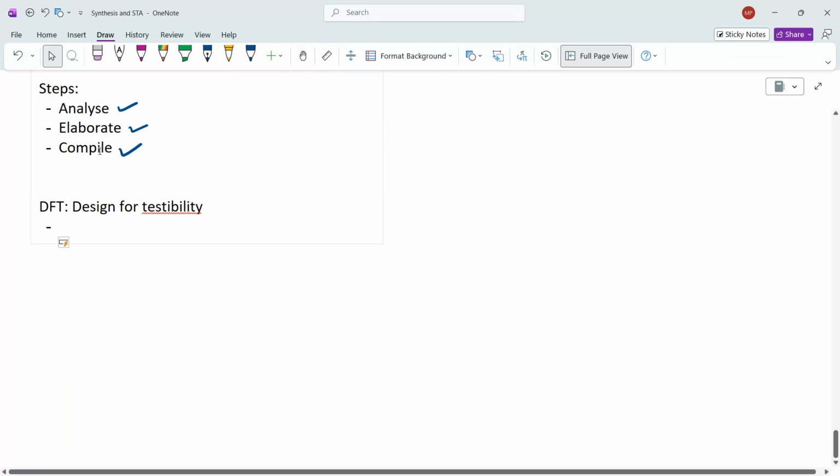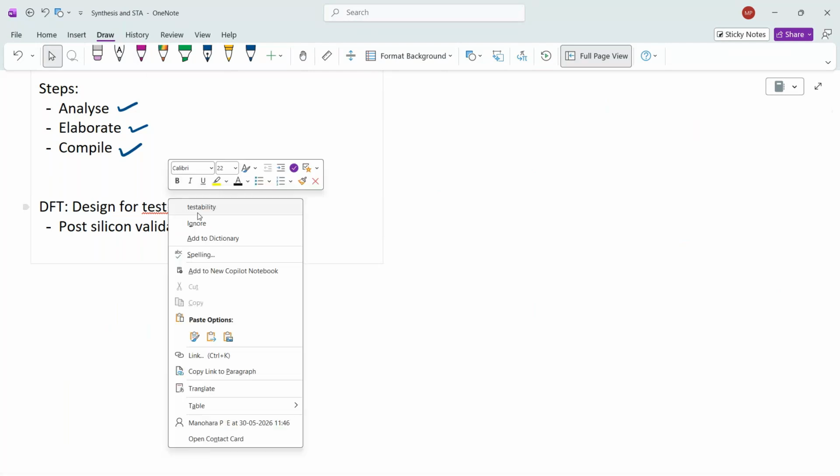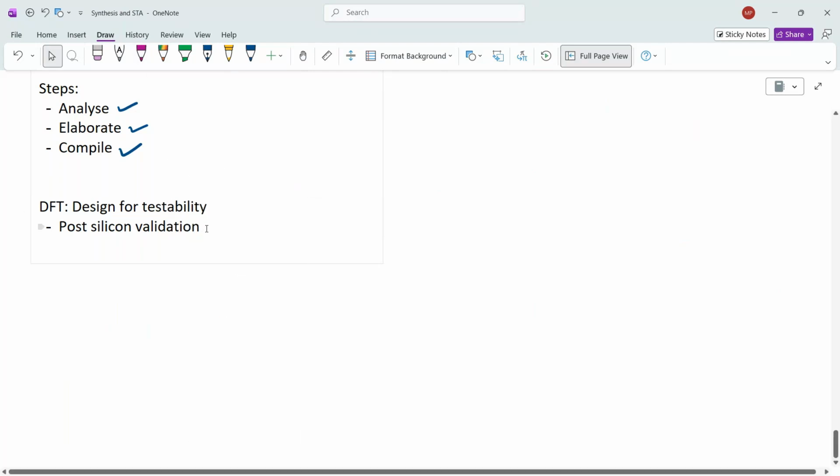Testing the chip after fabrication is called post silicon validation. It is possible because we are adding the scan chains, right? So where are these scan chains coming from? The DFT team is going to give us these scan chains. They will modify the netlist, so it may be present in the netlist.